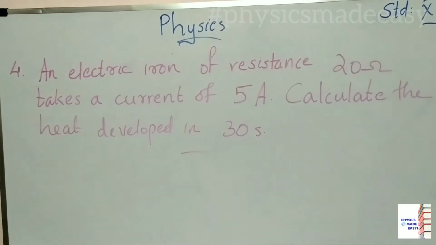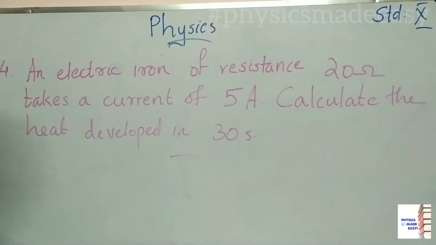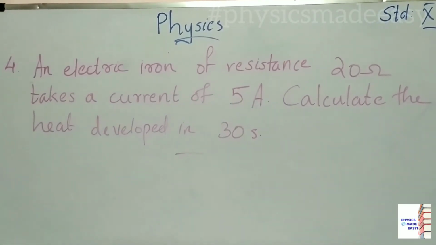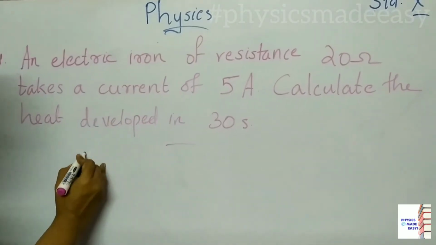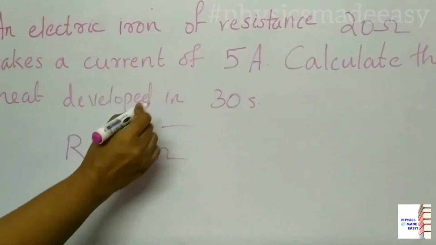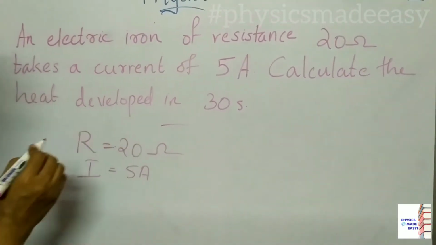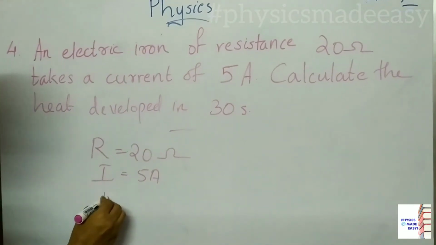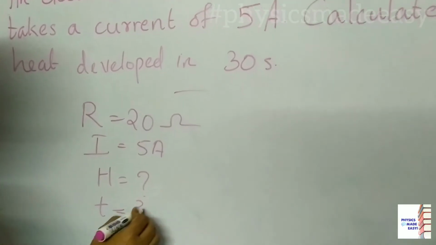Listen here, an electric iron of resistance 20 ohm takes a current of 5 ampere. Calculate the heat developed in 30 seconds. Time is given as 30 seconds.